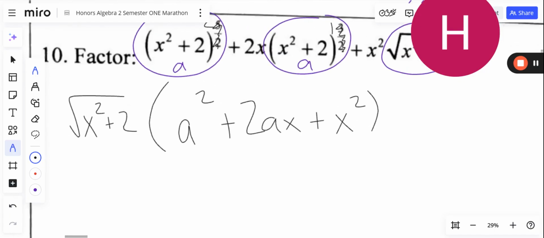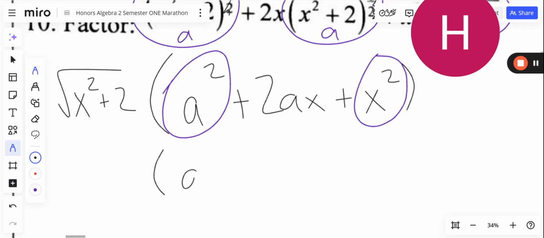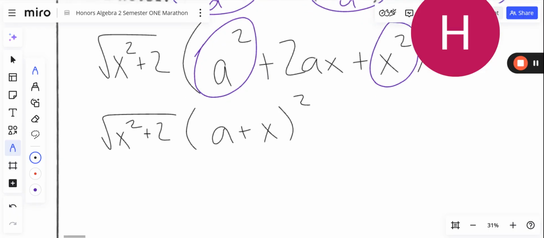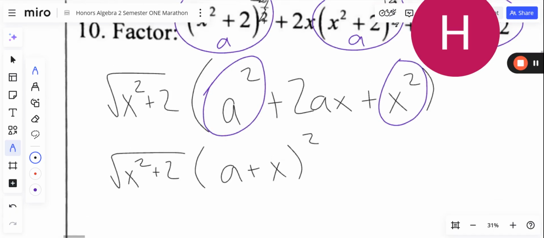We're going to end up with something like a squared plus 2ax plus x squared. And this is a perfect square trinomial. You'll notice that this is a perfect square. This is a perfect square. So we'll end up with a plus x all squared. But a was a substitution for x squared plus 2.